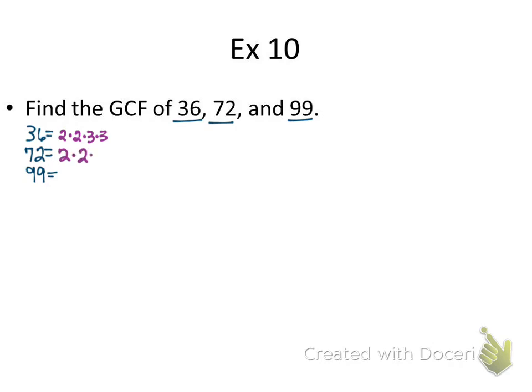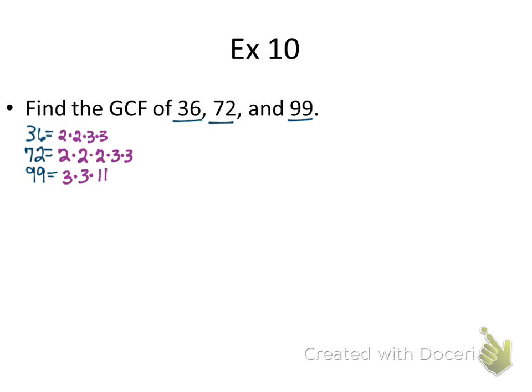So I have 3 2s and 2 3s. Okay, so I can get rid of that. And then what are my prime factors for 99? 3, 3, 11. Okay, so I made my list.